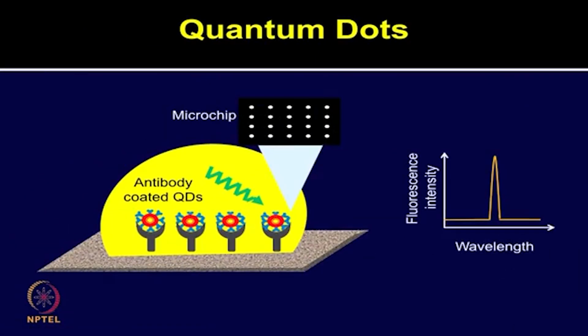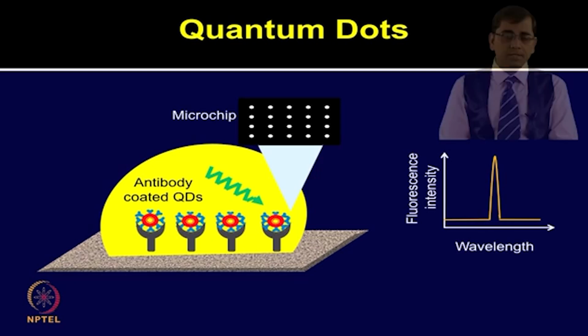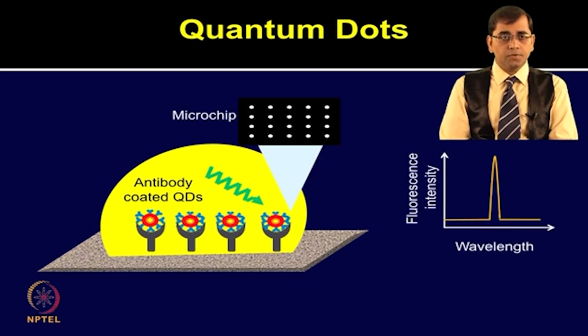In this slide, the application of semiconductor quantum dots as a labeling agent for sensitive detection of target proteins in an array format is shown. The protein analytes are detected by monitoring the emission spectra of QDs.